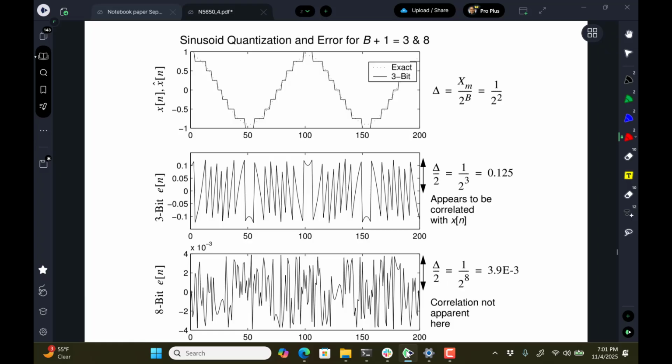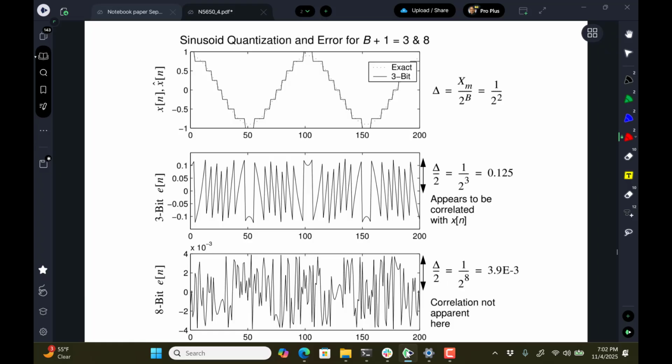And then for the 8-bit, it hovers over a range of plus and minus delta over 2, which is a smaller range because of 256 steps. But the idea here is to see that with only a few bits of quantization, this definitely does not look like a random, uniformly distributed sequence. This looks very deterministic to me, like it's very predictable. When you start getting to more bits of quantization, it starts looking more random-like. So this simple model, although it's pretty crude, is good for some quick calculations.